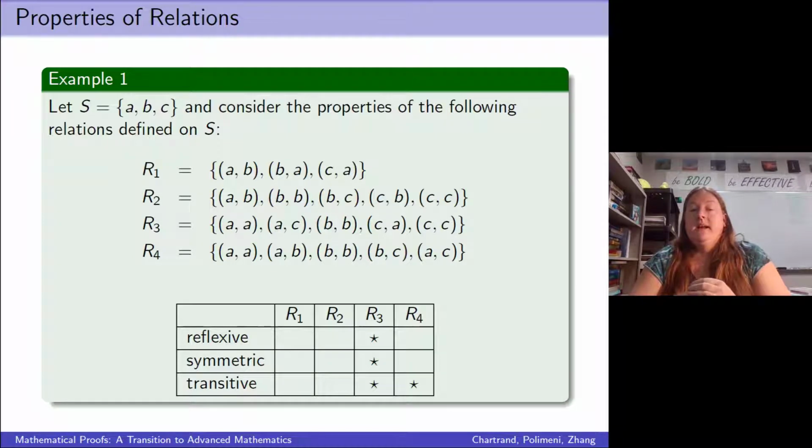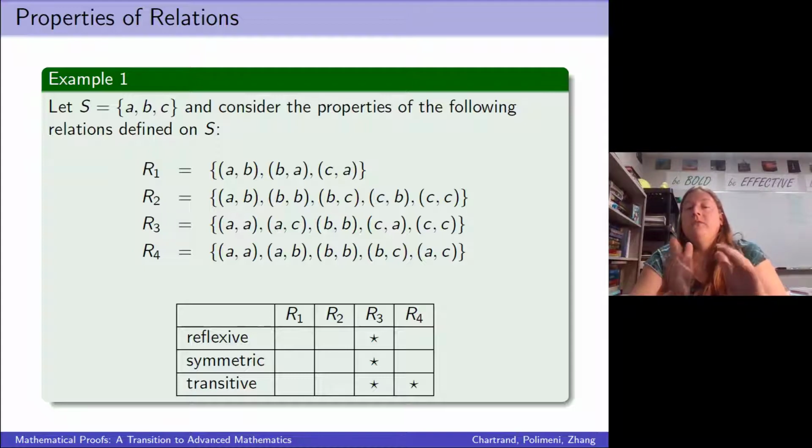Checking to see that a relation is symmetric takes a little bit more work. What you need to do to find out if it's symmetric is look at an element in the relation. So in relation 1, the first element is AB. Now I know if it's going to be symmetric, that means that BA must also be an element in that set. And it is, it's the second element.